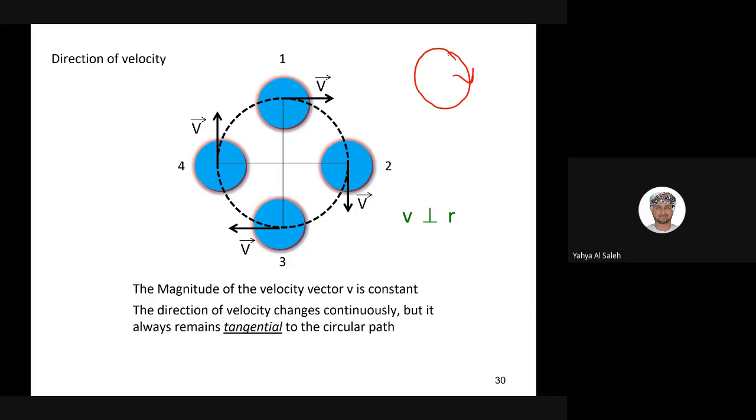Now here's an interesting thing. This thing moves at a constant speed, right? Yes. But it changes its direction all the time. Because it's going on a circle, so v changes direction every single moment, right?